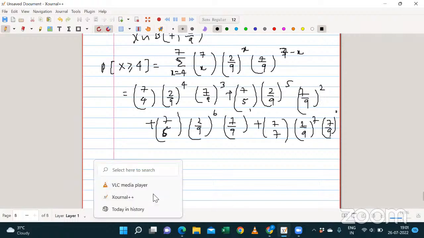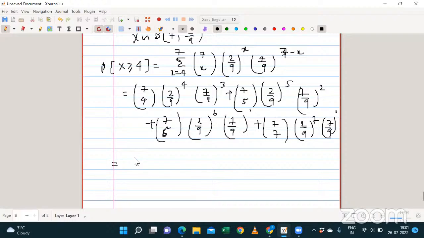So here, I can take common (2/9) raised to the power 4. Yes, you can take common. Okay, so it's 7C4 (2/9).